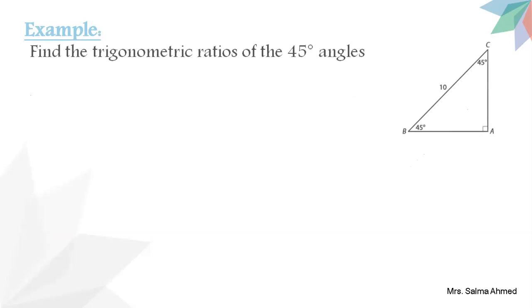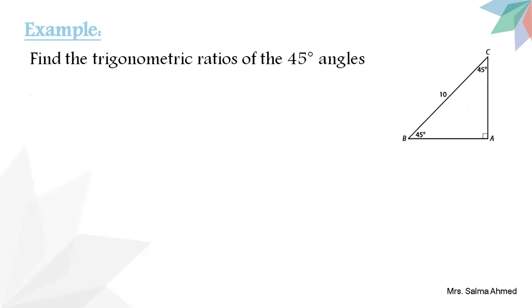Example. Find the trigonometric ratios of the 45-degree angle. Do you remember the trigonometric ratios? Yes, we have them from the previous one: sine, cosine, and tan. Here we have our triangle, which has the hypotenuse BC equals 10. I need to find sine, cosine, and tan for this triangle.